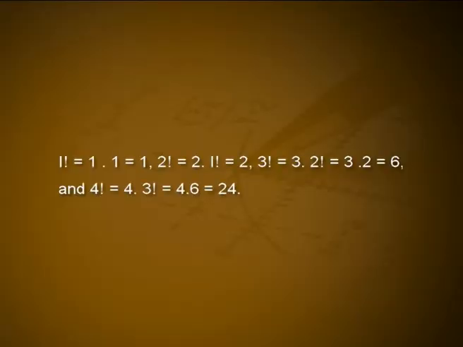Inserting the value of 0 factorial equal to 1 and working back through the steps, we see that 1 factorial is equal to 1 times 1, which is 1. 2 factorial is equal to 2 times 1 factorial, that is 2. 3 factorial is equal to 3 times 2, which is 6. And 4 factorial is equal to 4 times 3 factorial, that is 4 times 6, which is 24.